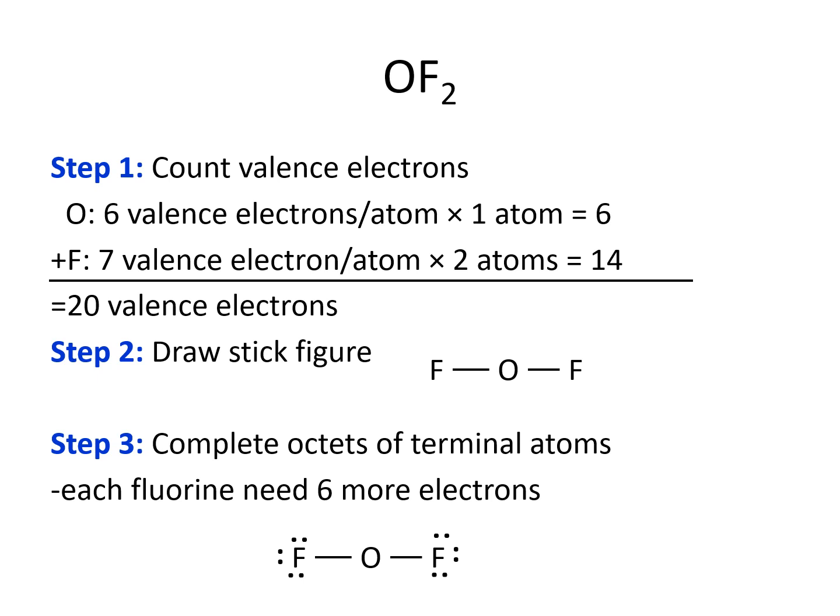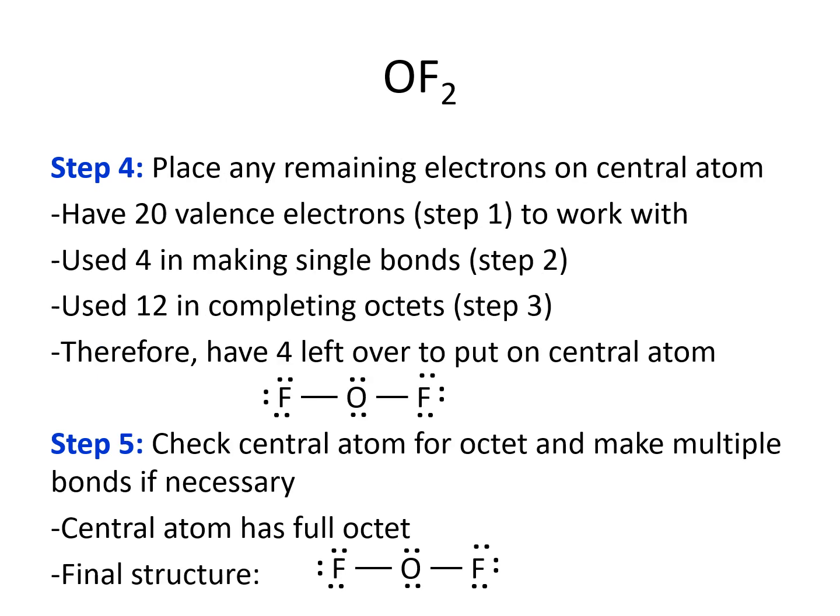Step 3. Complete the octets of the terminal atoms. We give each fluorine 6 more electrons. Step 4. Place any remaining electrons on the central atom. We started with 20. We used 4 making the single bonds and 12 making the lone pairs on the fluorines. That means we have 4 left to put on the central atom.